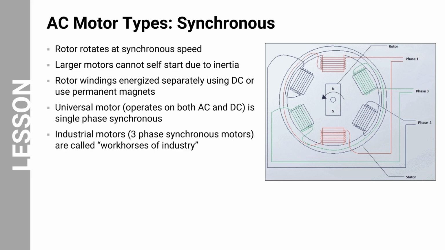While the universal motor represents a single-phase synchronous design, it's the three-phase synchronous motors that have earned the title workhorses of industry due to their robust performance and reliability in industrial applications. These motors are particularly valued in heavy manufacturing and large-scale industrial processes where consistent speed and high power output are essential requirements.